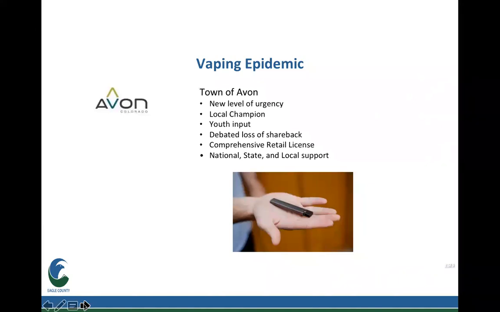This issue is very complex, and it's also very concerning for us in our communities. Our champion in Avon saw local ordinance as perhaps a way to help address this problem in terms of access.